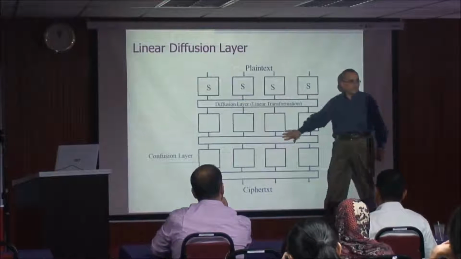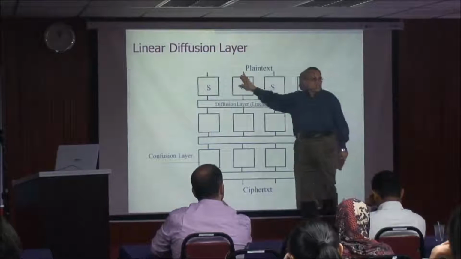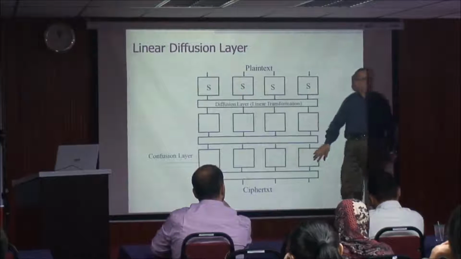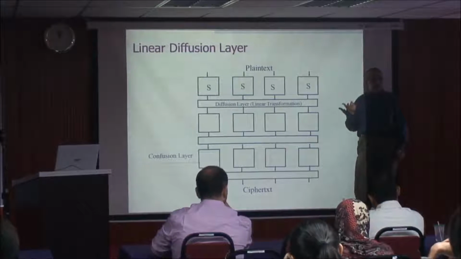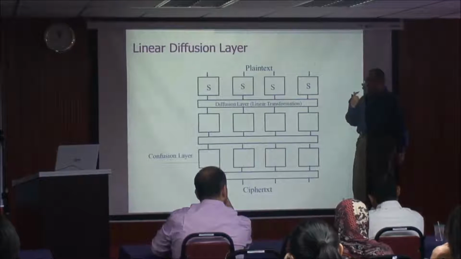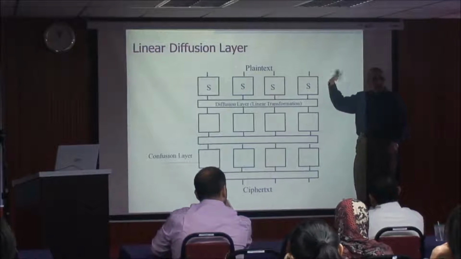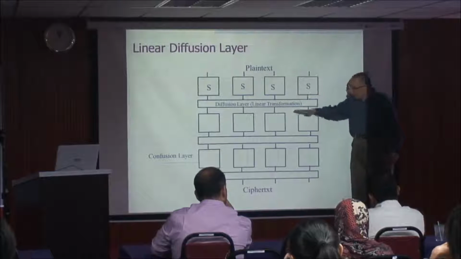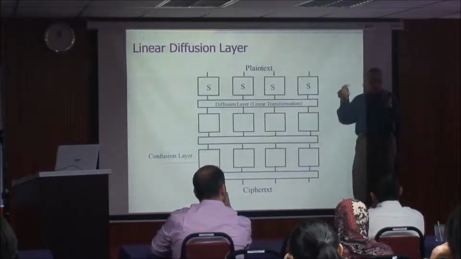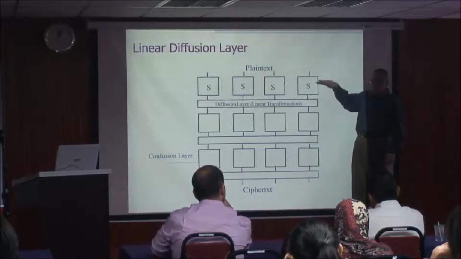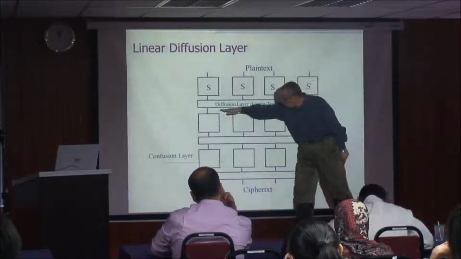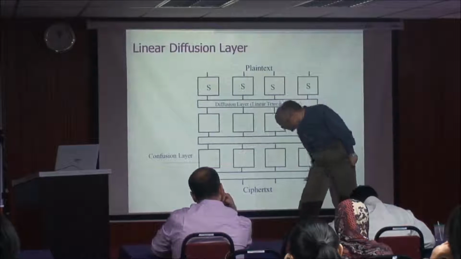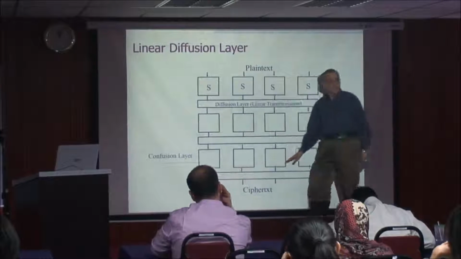So this is a toy cipher with 16 bits coming in and 16 bits coming out. Now suppose the user key is 16 bits. I need to take this key and somehow derive from it what we call sub-round keys. So I take this 16 bits and produce sub-round keys that will be mixed with the input to this round, input to this round, input to this round, and the output of the last round.